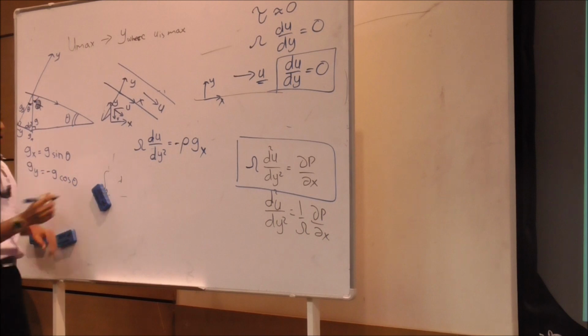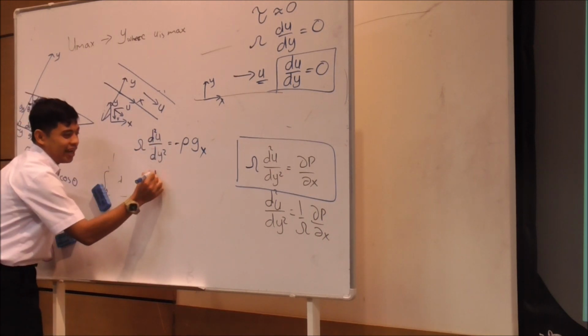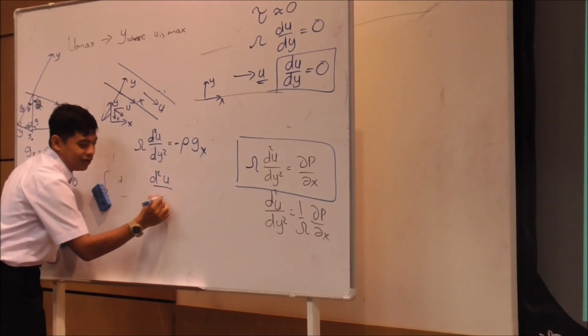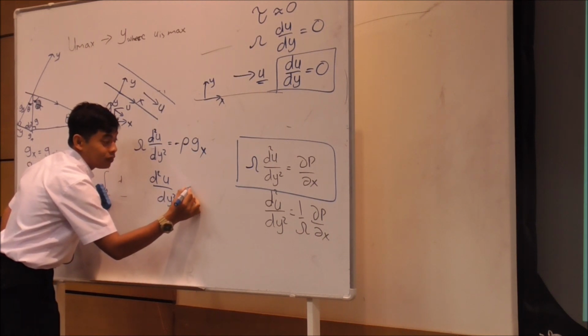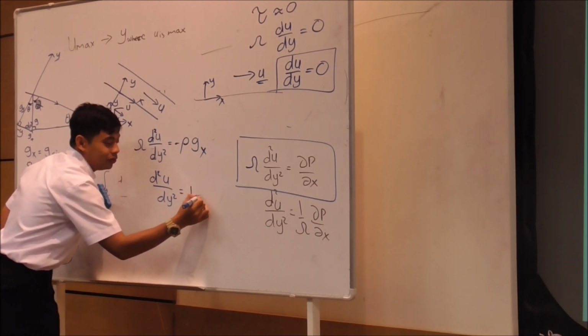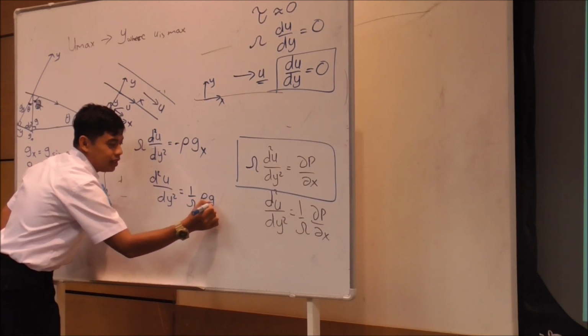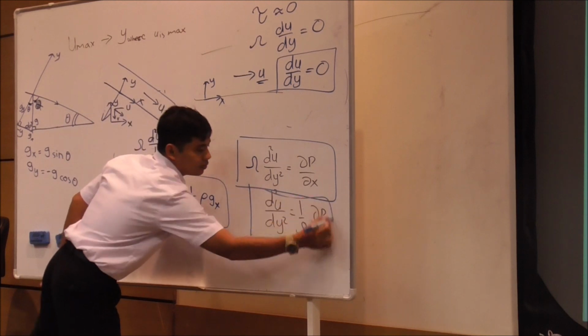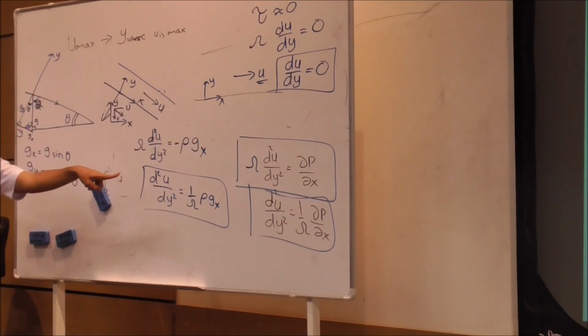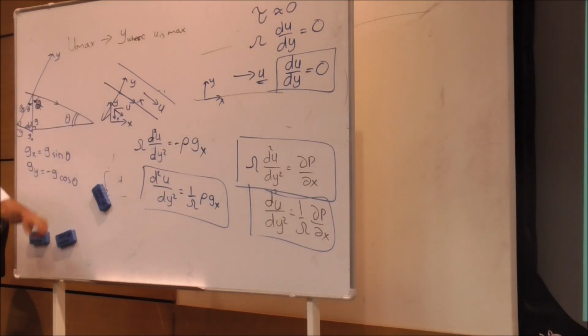So when you change it, you will get d square u over dy square equal to minus 1 over mu rho gx. This is this condition now.